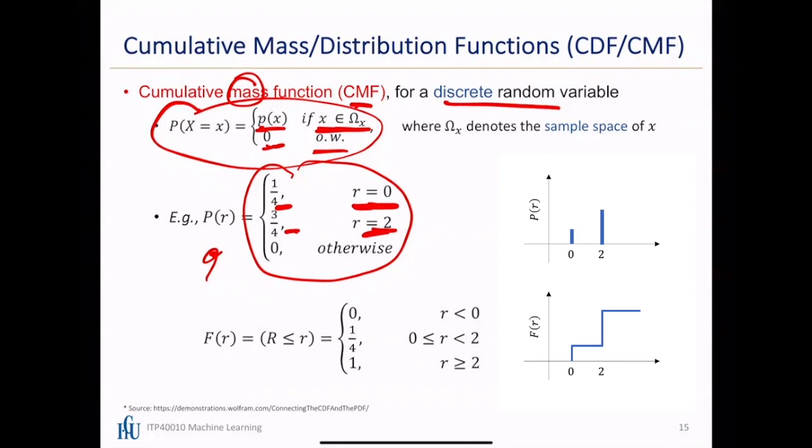If you take the cumulative form, initially it is 0, and when you meet 0, it jumps to 1 quarter. And it stays at the same level. And when you meet 2, it jumps up to 1, because you're adding the probability of this one and this one. So you're accumulating the probability along the sample space. That is the idea of CMF.